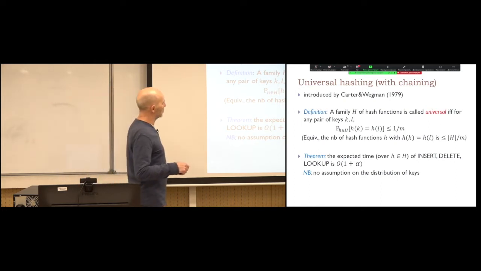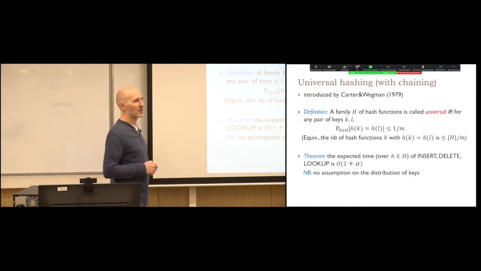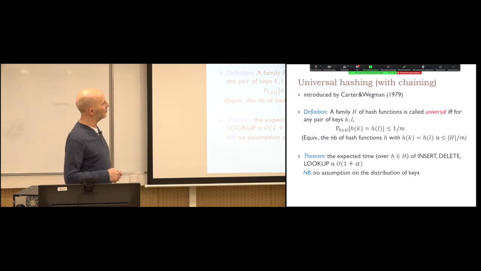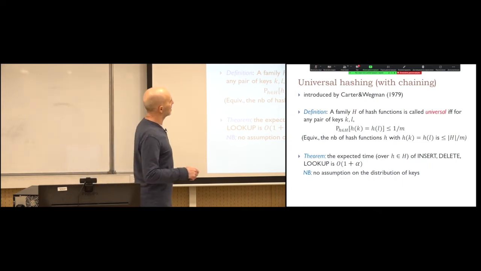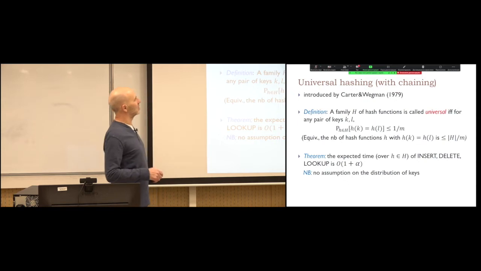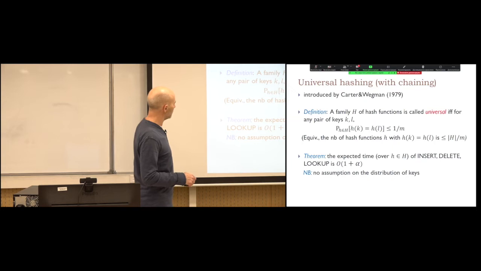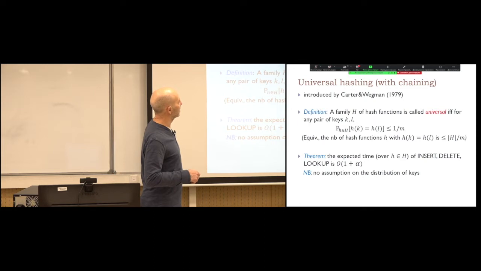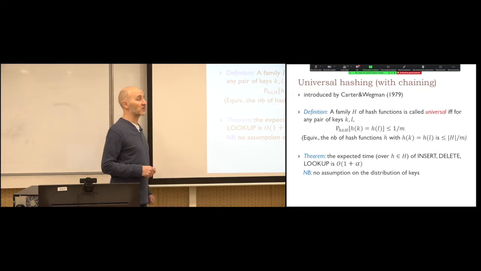So if you pick a random hash function, then the probability that they hash to the same bucket is at most 1 over m. An equivalent way of saying this is that the fraction of hash functions in H which map k and l to the same bucket is no more than 1 over m of all functions.